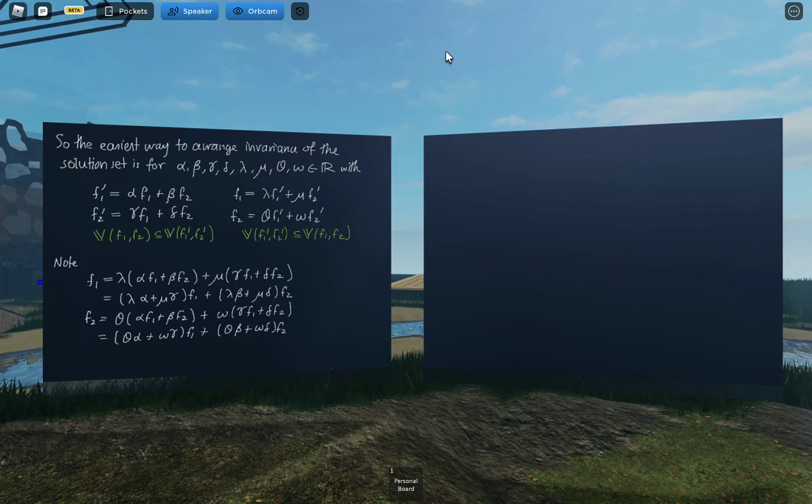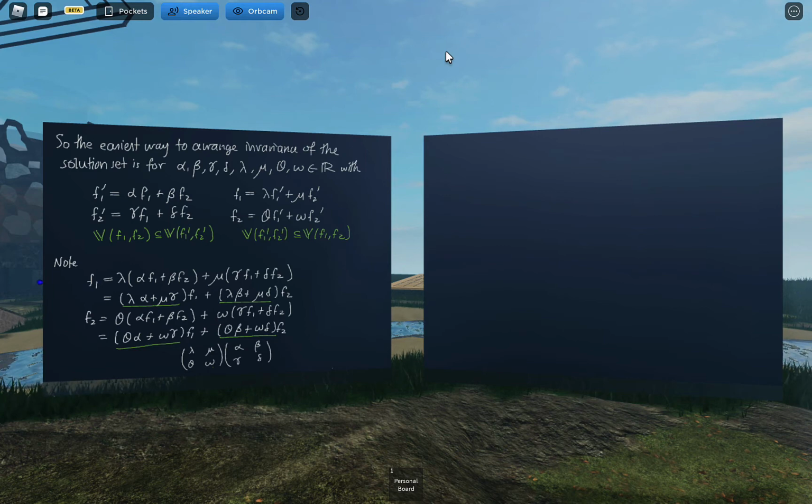Alright, so you'll recognize these. If you haven't seen matrix multiplication in a while, this is something you should probably go and brush up on. I won't recall how it works, except to say that these coefficients here are exactly the coefficients in the product of the matrices lambda, mu, theta, omega times the matrix alpha, beta, gamma, delta.